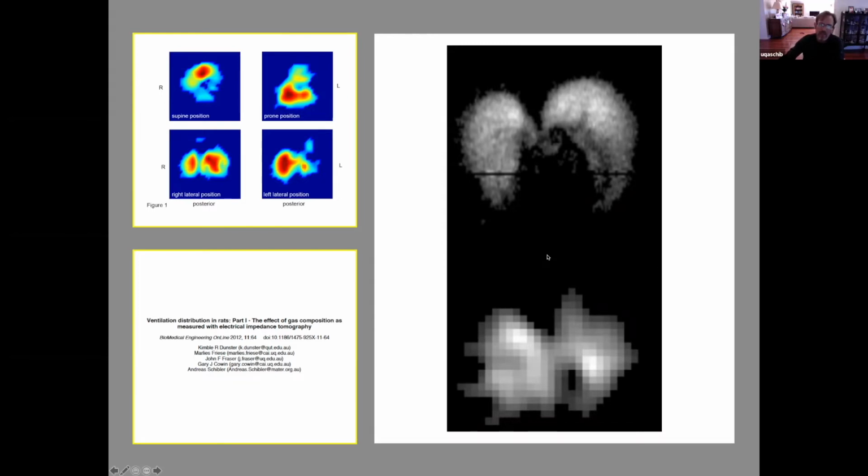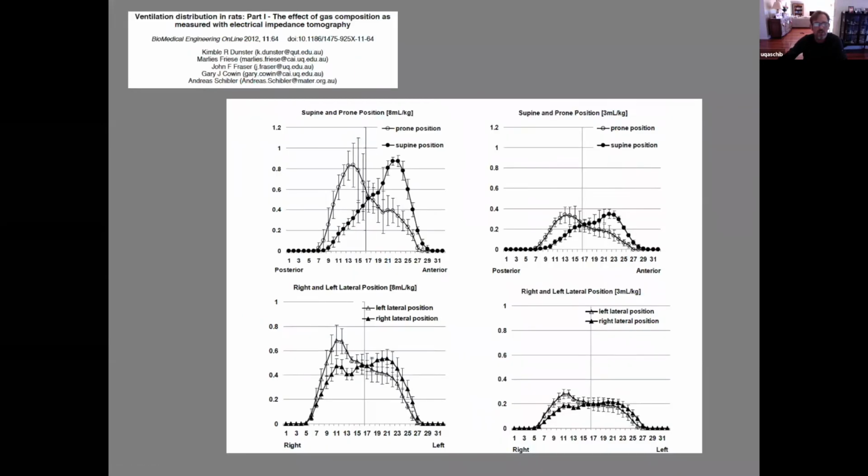And in this paper, we could quite nicely demonstrate that we can reconstruct a very similar ventilation distribution in rats compared to hyperpolarized helium. However, you can see that the resolution of an MR is, of course, multiple factors better than EIT. So we get just a crude analysis of where ventilation is distributed.